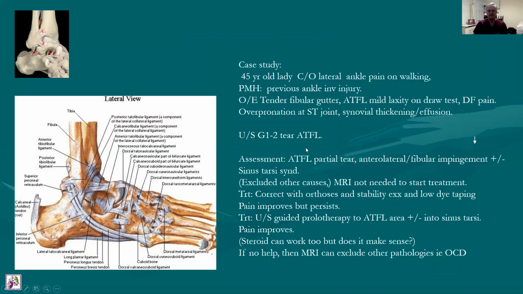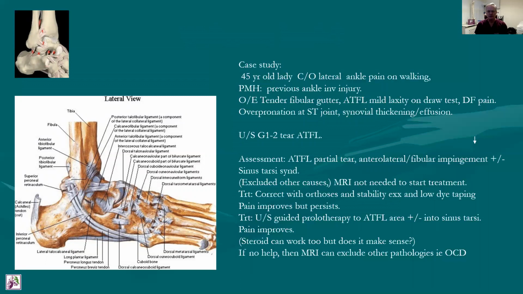So hopefully you've come up with some diagnoses, and obviously the anterior talofibular ligament partial tear is the main diagnosis there, the resulting instability. But this patient also has some anterolateral or fibular impingement, which is often a result of the anterior talofibular ligament injury, where the fibula impinges on the talus in passive dorsiflexion.